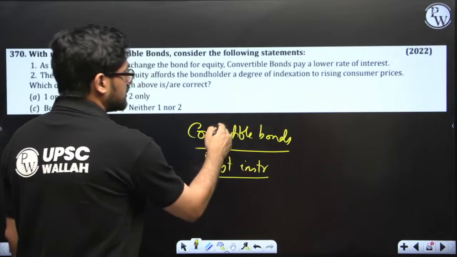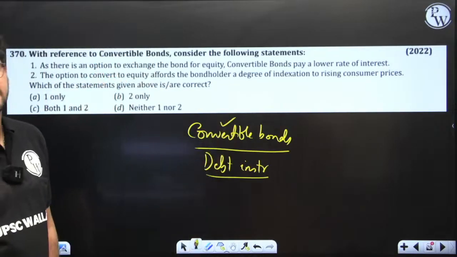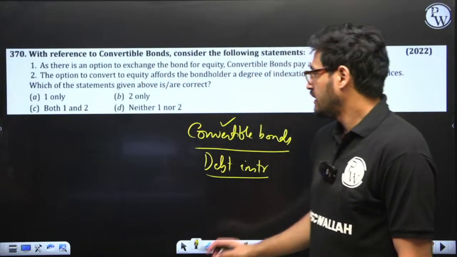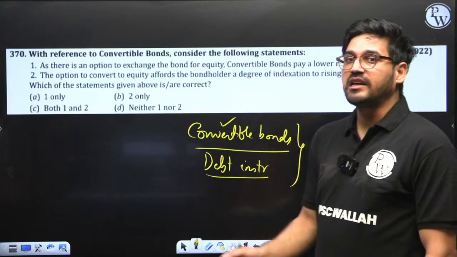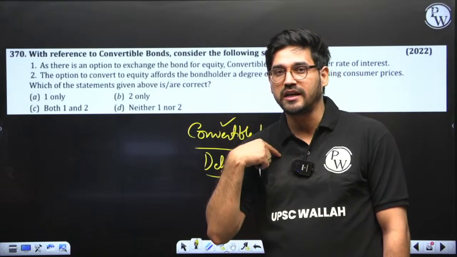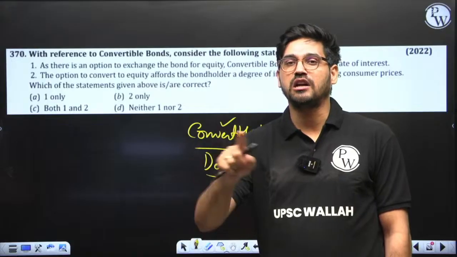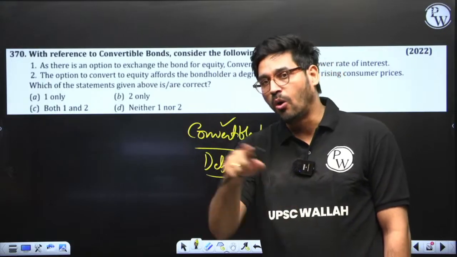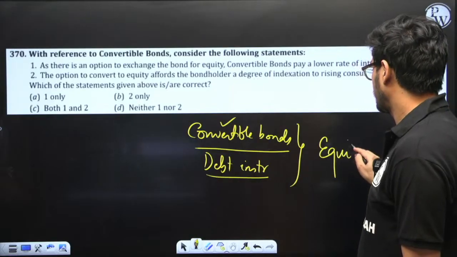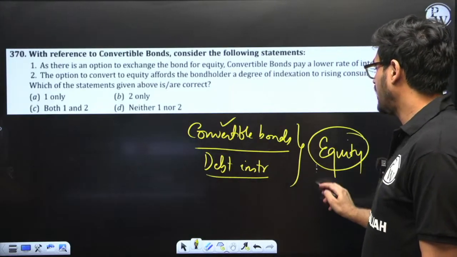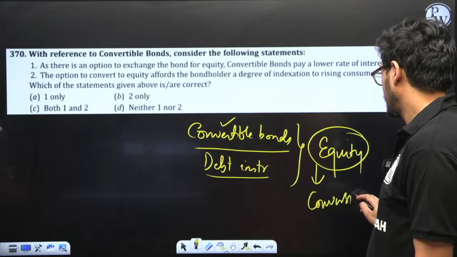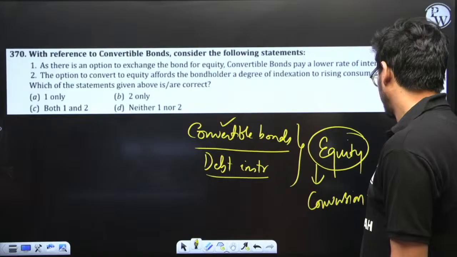But since the name is convertible, that means when you subscribe to a convertible bond, the contract will itself mention that you, whoever is the bond holder, is given the option to convert part or whole of this bond into equity as per a pre-decided conversion ratio.